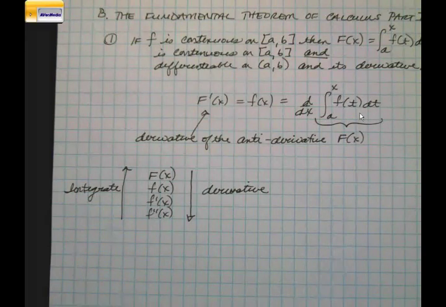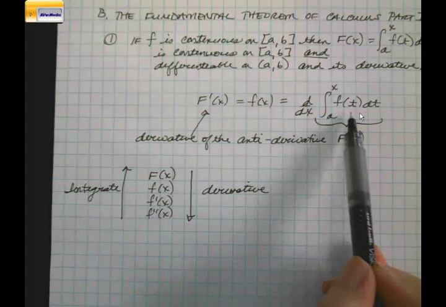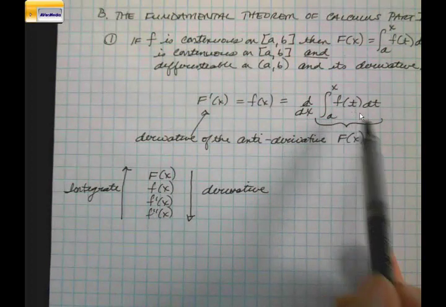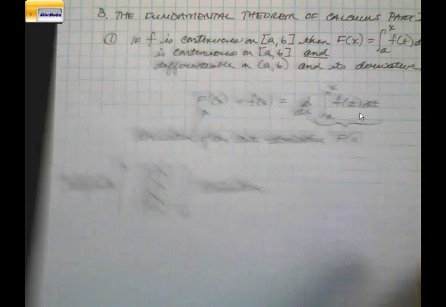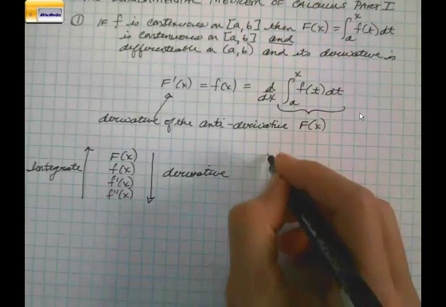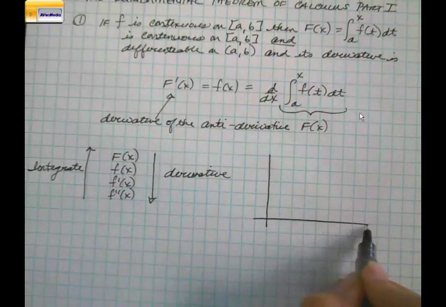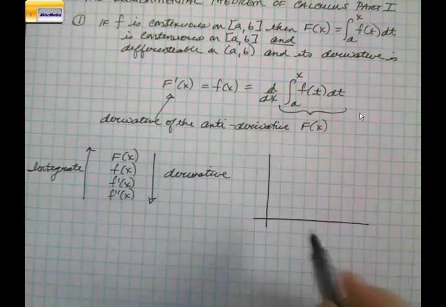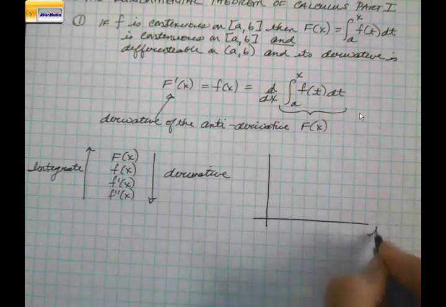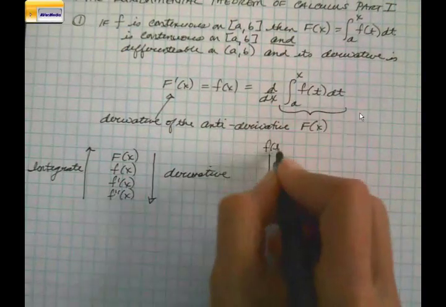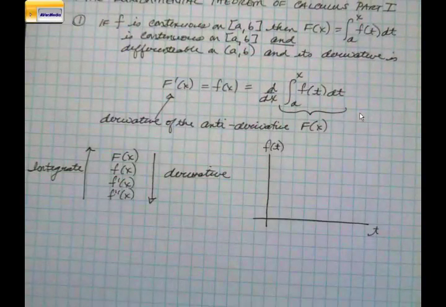Okay, so then it goes on to say, well, I guess that's okay. But what does the t variable have to do with anything? Why are they throwing another variable into the definition? Well, remember when you integrate, you're finding the area under the curve. So if you're looking at the curve f of t, your x-axis is t, and your vertical is f of t.